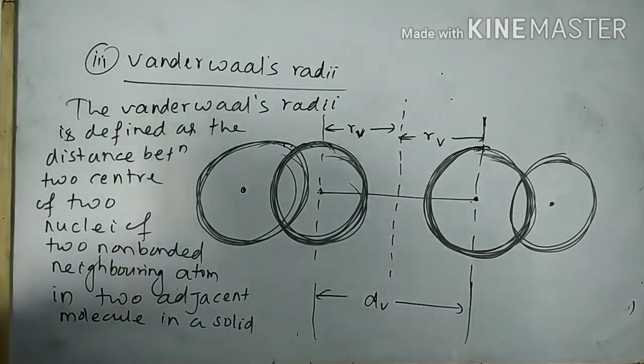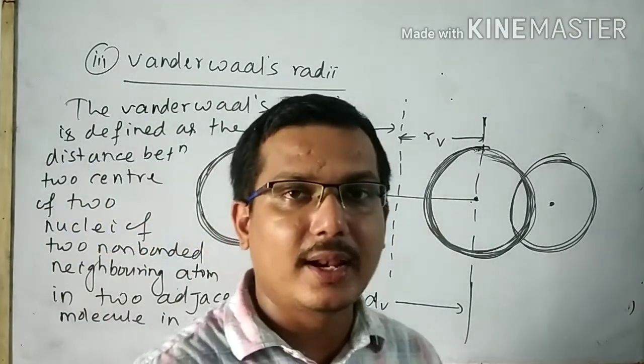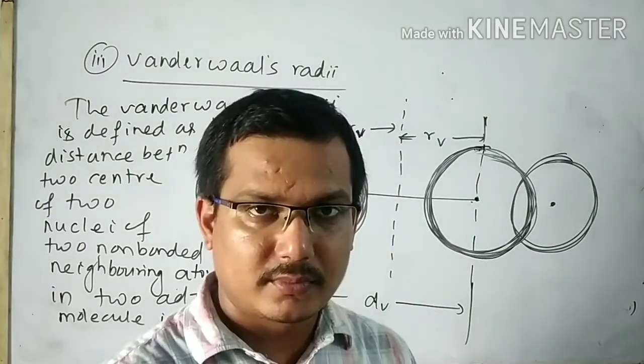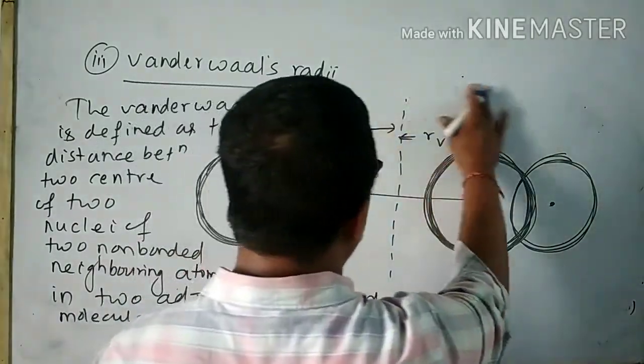This is the definition of van der Waals radii. Then what will be the mathematical representation?